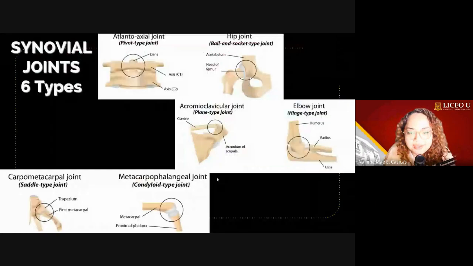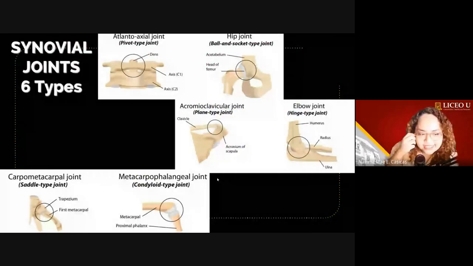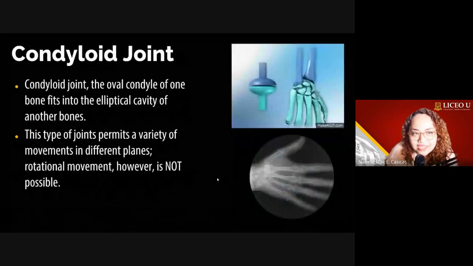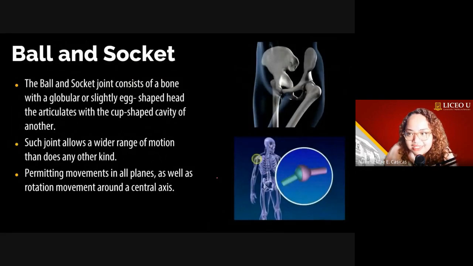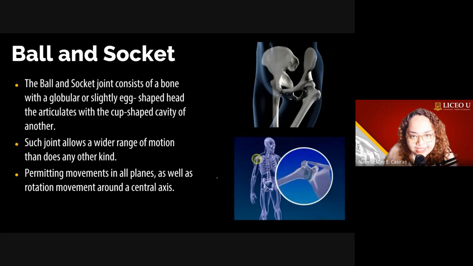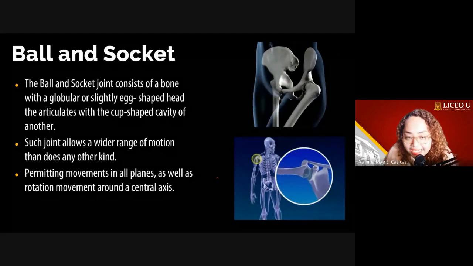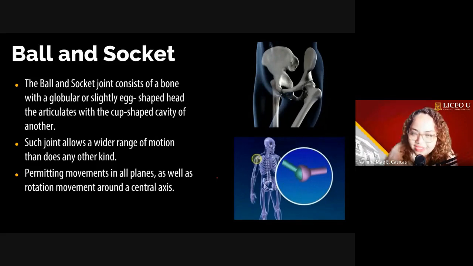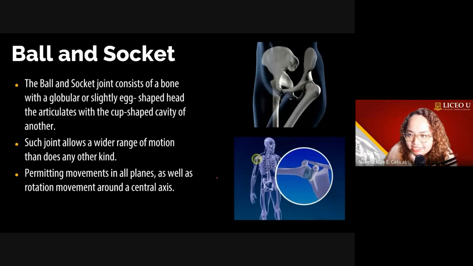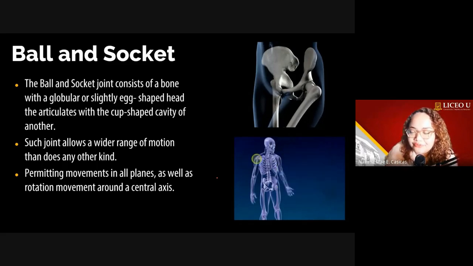So let's go to the six types of synovial joints. Let's start with your ball and socket. So this is the most distinguishable, the most obvious, no? The ball and socket joint consists of a bone with a globular or slightly egg-shaped head that articulates with a cup-shaped cavity of another. This is found in your legs, you know, your ilium and your femur connection.